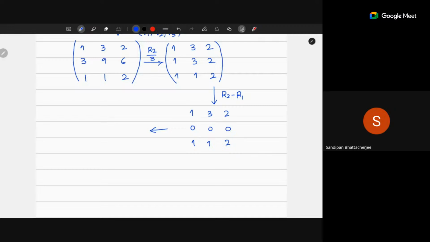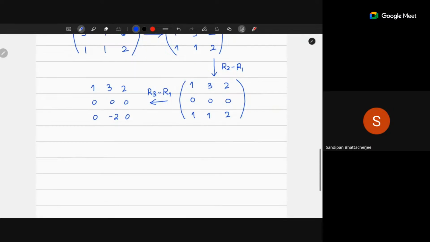Then what operation can we do? R3 minus R1. The second row remains as it is. The third row becomes 0, and then minus 2, and then 0 again, right?